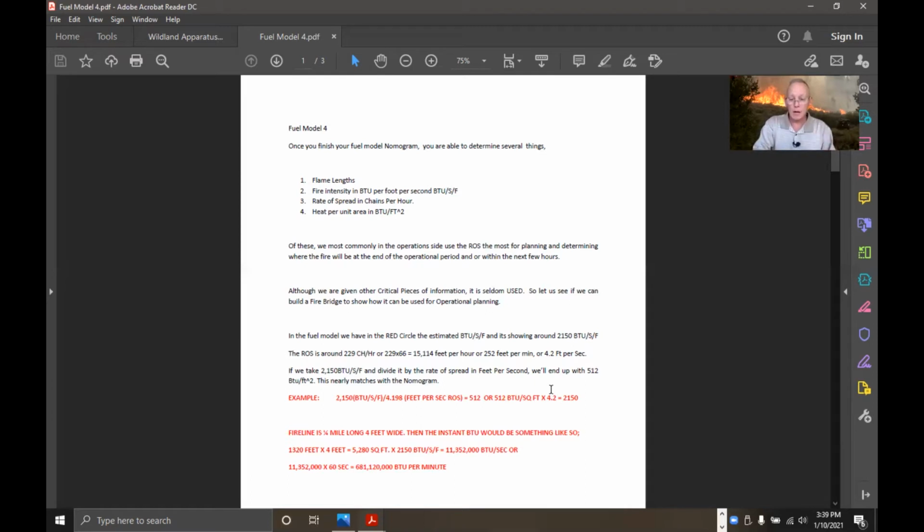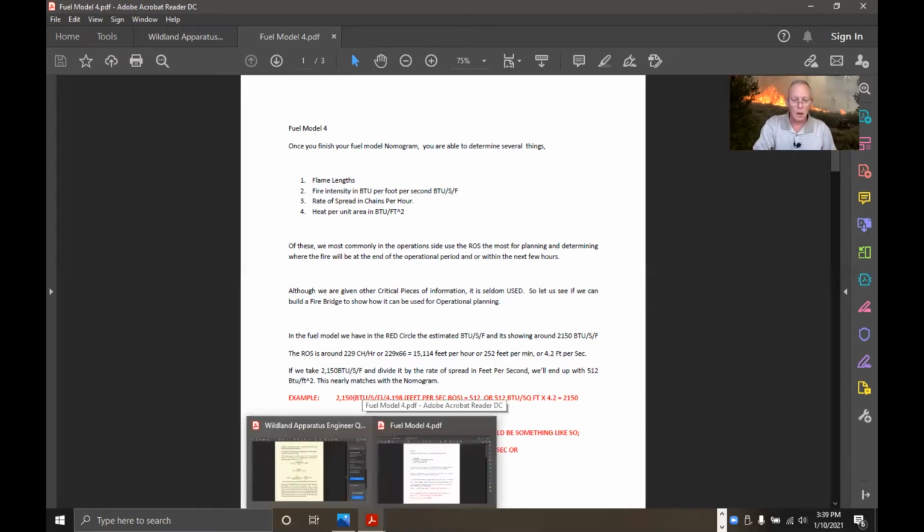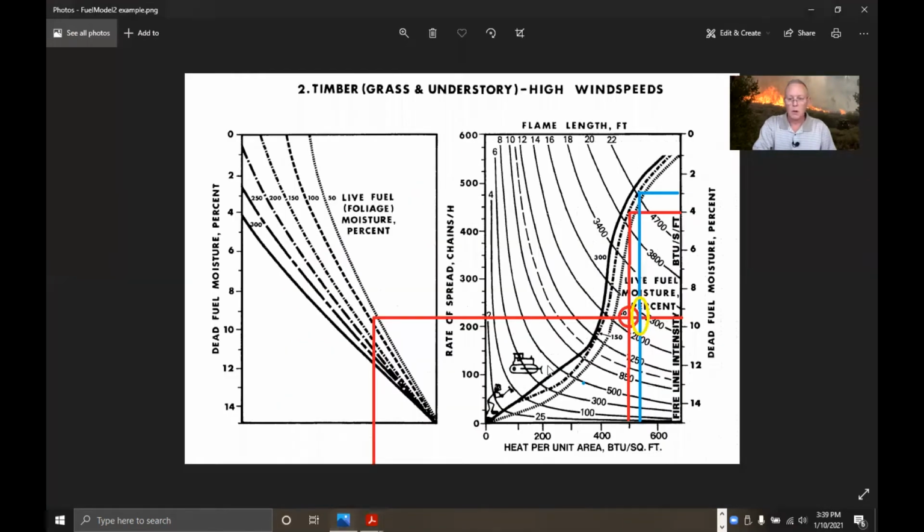That nearly matches, okay, let me go back to the picture here. That pretty much just about matches. So take the 2,150 BTU per foot per second, divide it by the equivalent rate of spread in feet per second, because this unit over here on the right is in feet per second.